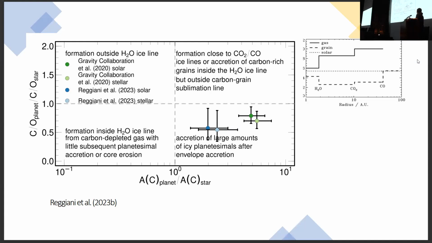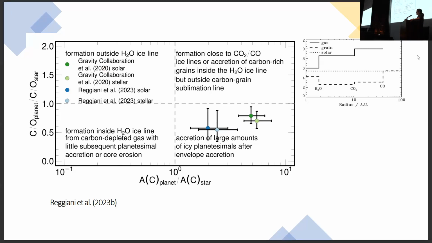We are also very happy that if we actually use the stellar abundances of HD 181327 as a proxy, we also find the same results, regardless of the GRAVITY collaboration carbon to oxygen ratio or ours.